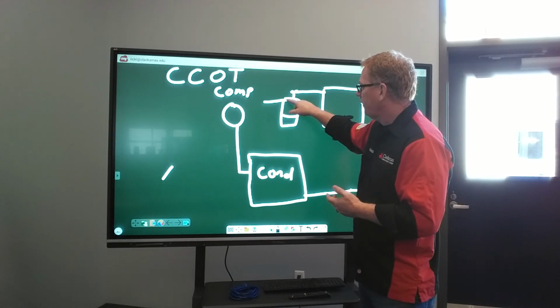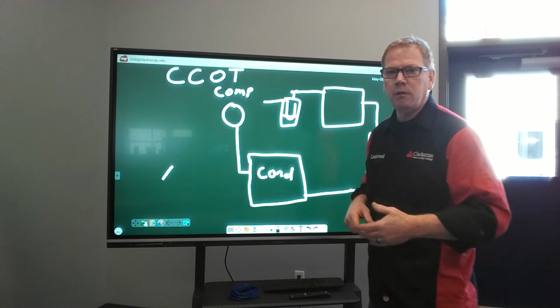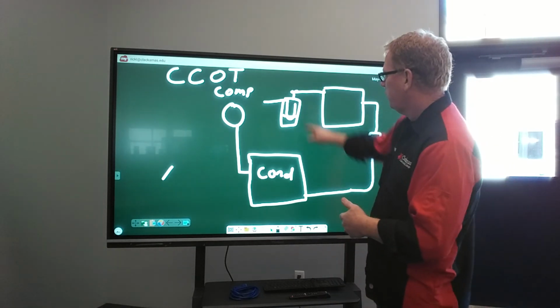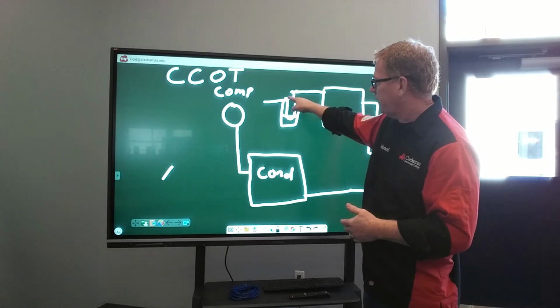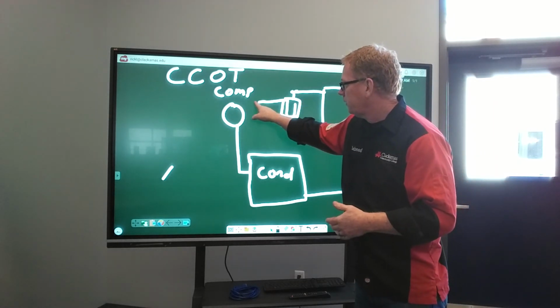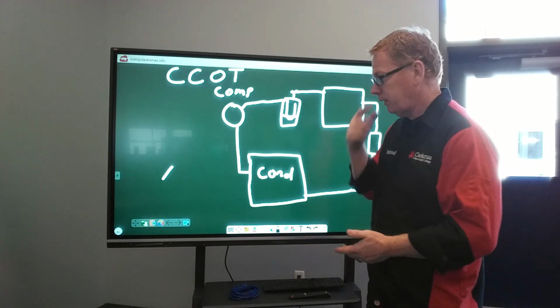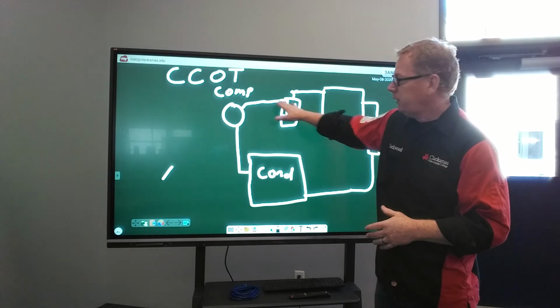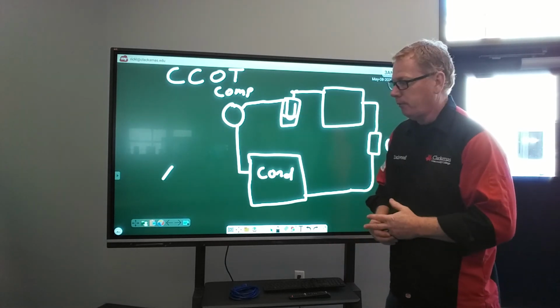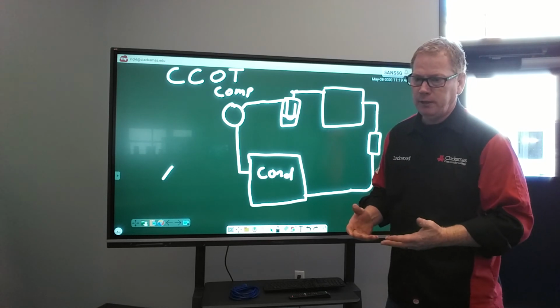The outlet line draws from the top. So any gas within here will be drawn into that line and carried to the compressor to complete the entire loop. Okay? So we will ensure that we don't get any liquid refrigerant to our compressor. So the accumulator is just that, it accumulates liquid.